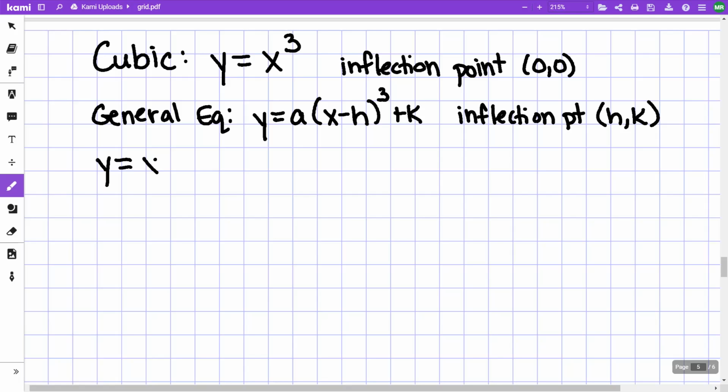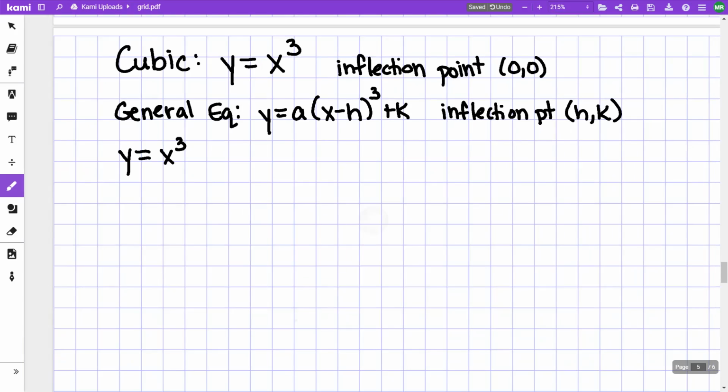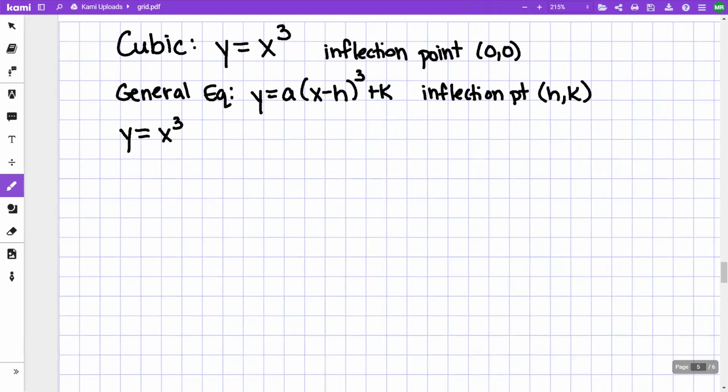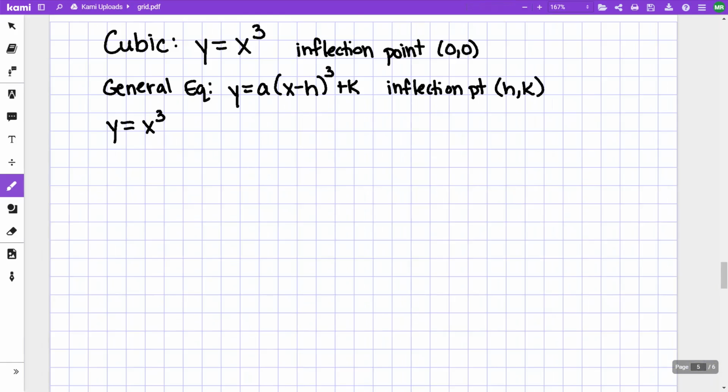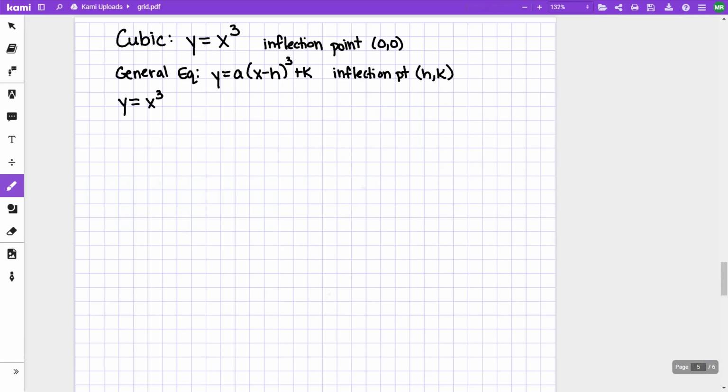So if I graph y equals x cubed, for this one, I need to have the xy axis centered. I'm going to zoom out for a second so I can draw mine in.